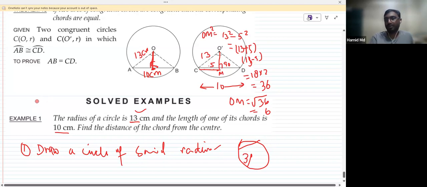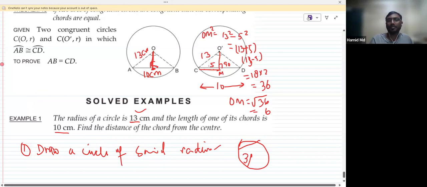Are you able to do it, or should I proceed again for you? No, I understood, sir. So 13 minus 5 is 8, then 8 into 8 is 64.